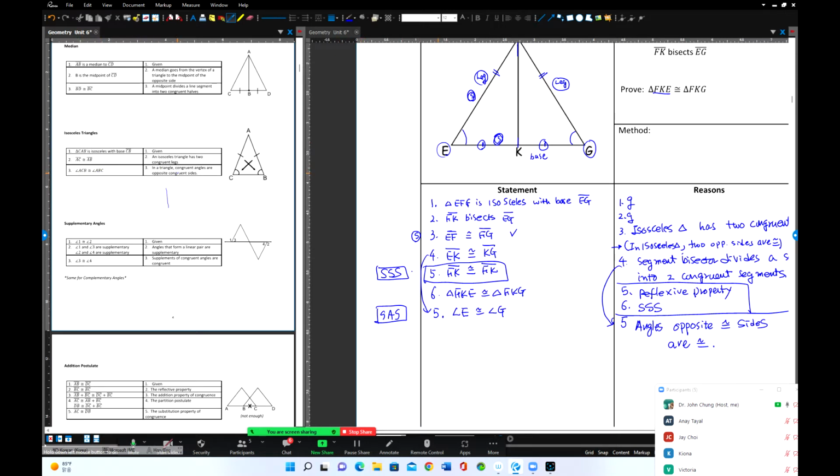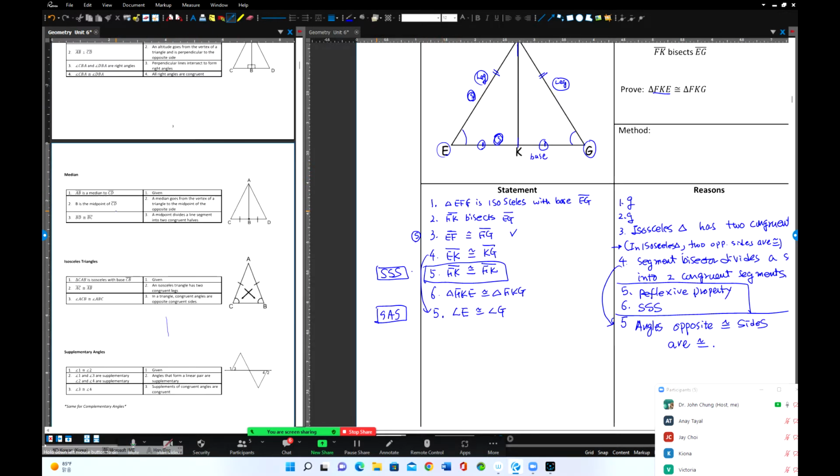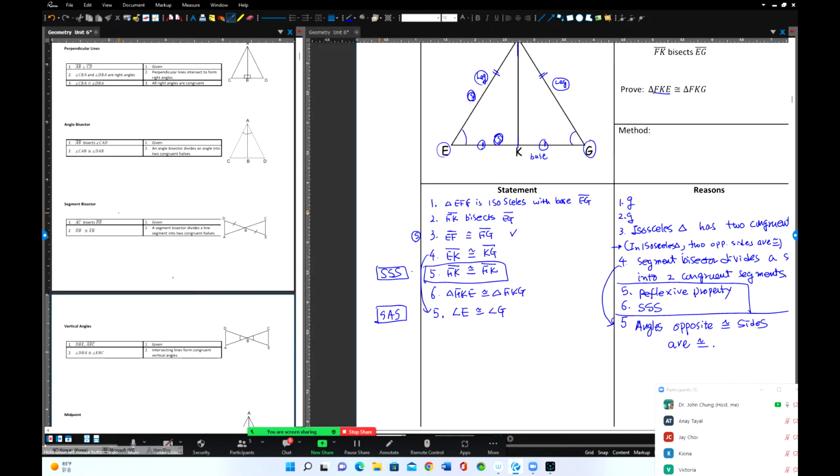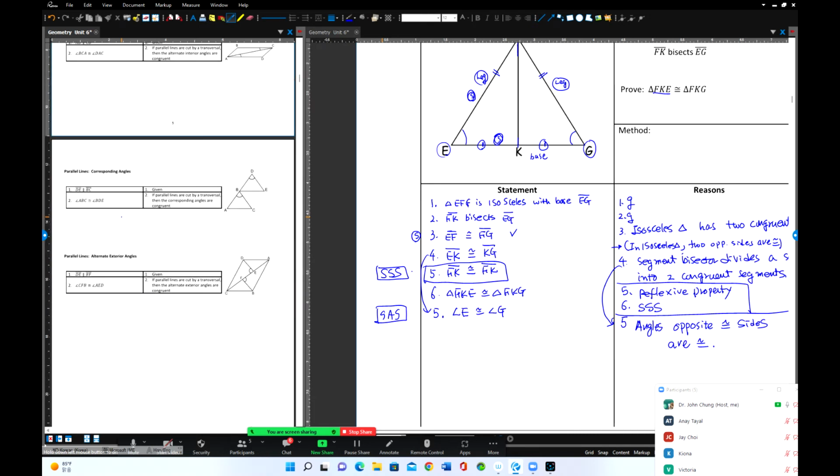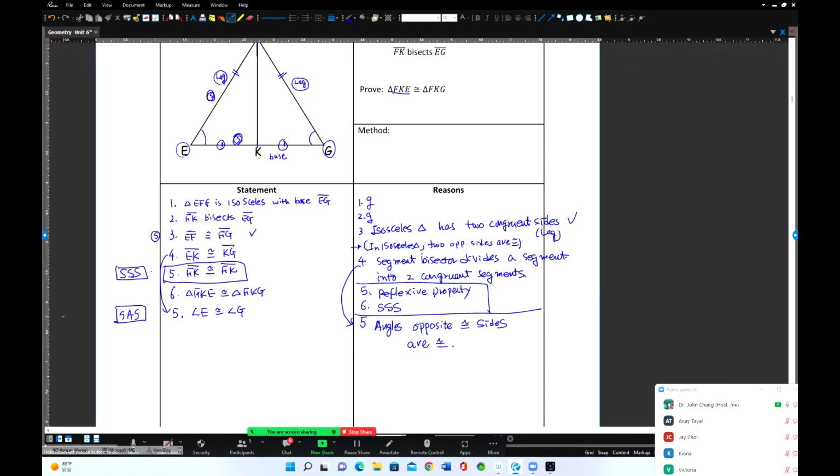In a triangle, congruent angles are opposite congruent sides. Angles opposite congruent sides are congruent.